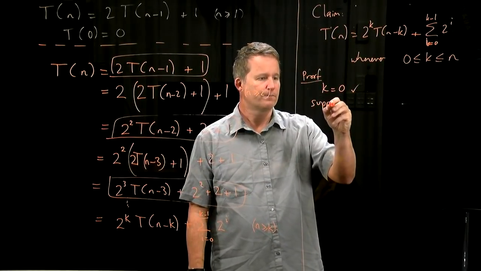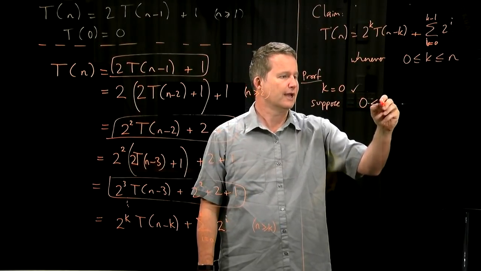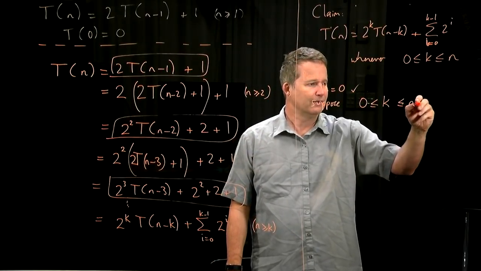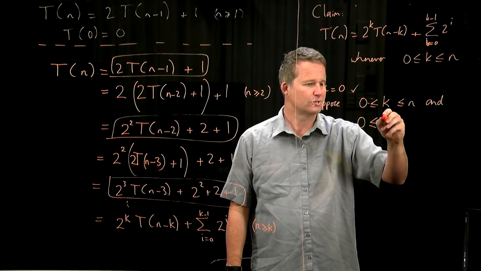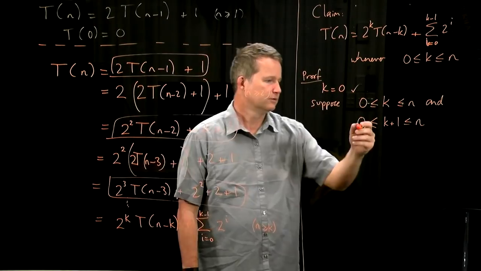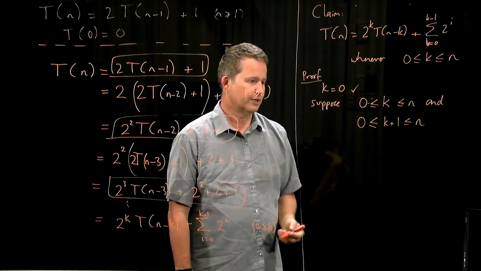So now, suppose that 0 is less than or equal to k, which is less than or equal to n, and I want to be able to say it's true for k plus 1, so I also need that. So k's between 0 and n minus 1 is what that turns out to be.